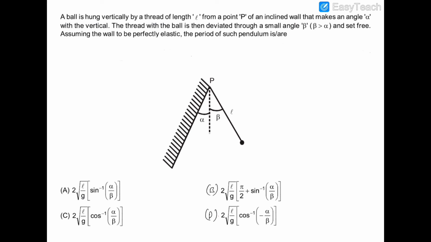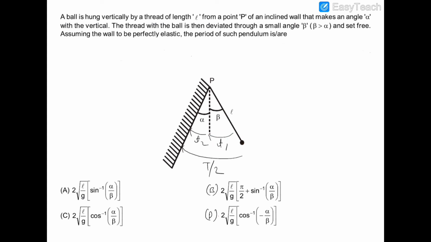So first of all, let us find out the half time, T by 2, of the oscillation. So let us find out this time T1 and this time T2. Now T1 is the time until this pendulum reaches the mean position from the extreme position.